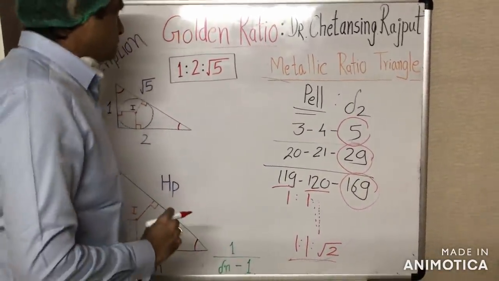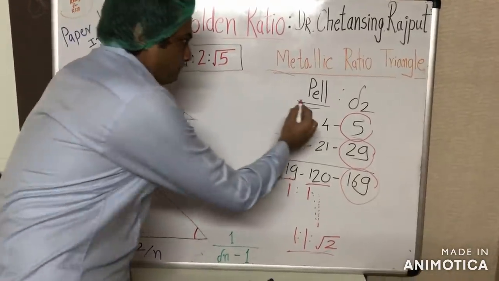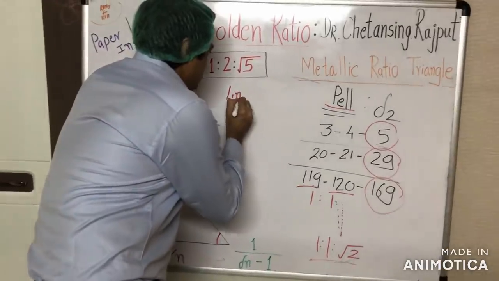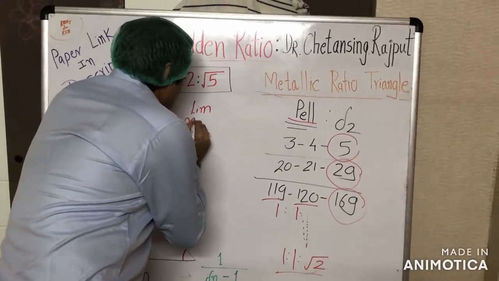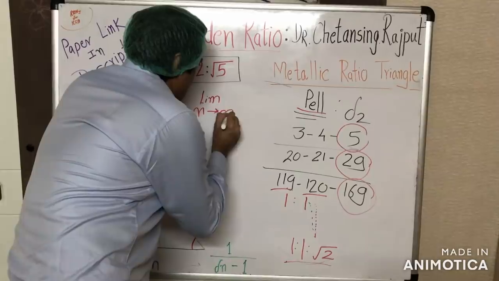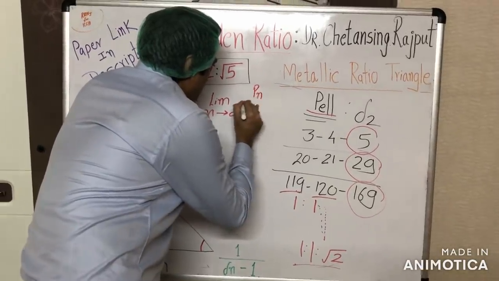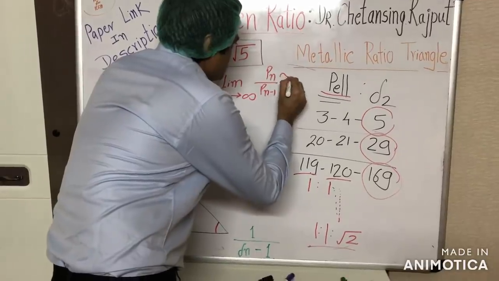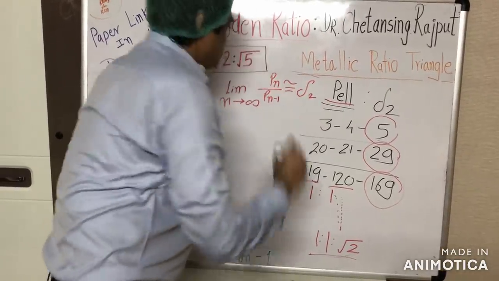In other words, just like the Pell sequence advances, the consecutive Pell numbers like Pn upon Pn minus 1 approach the silver ratio.